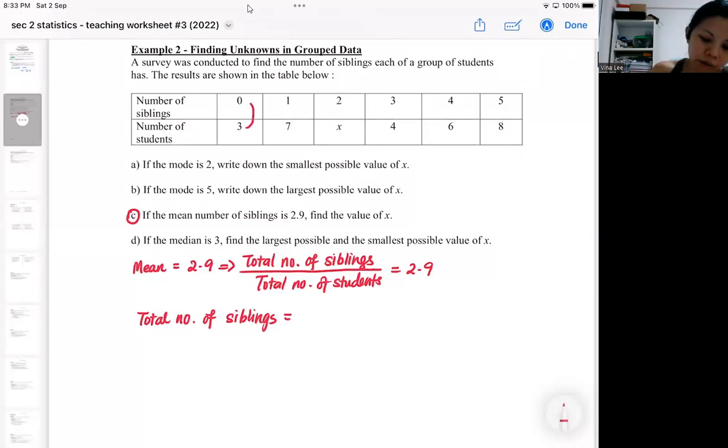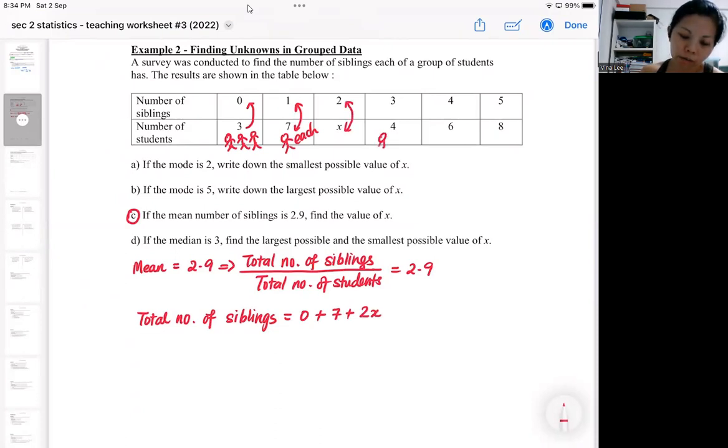These 3 students have 0 siblings, so that will be 0. These 7 students have 1 sibling each, so from these 7 students we get 7 siblings, 7 times 1 is 7. From the X number of students, each of them has 2, so that will be 2X siblings.